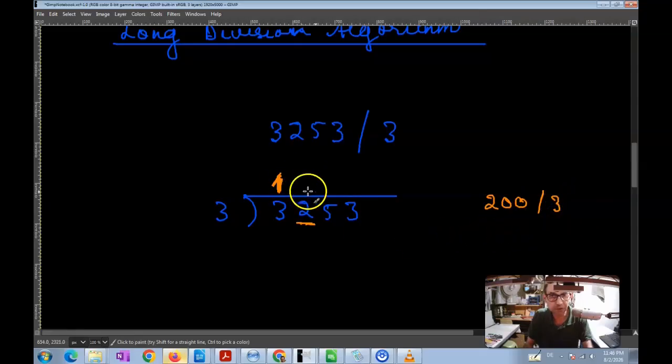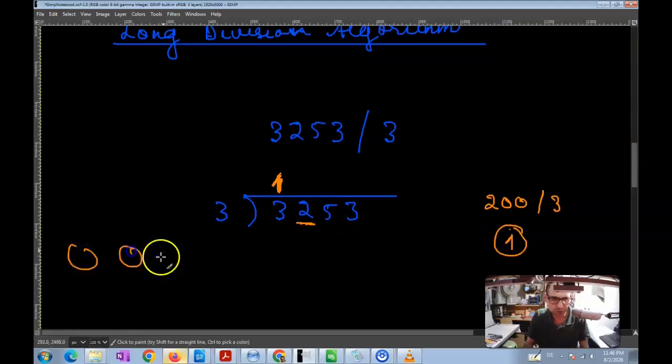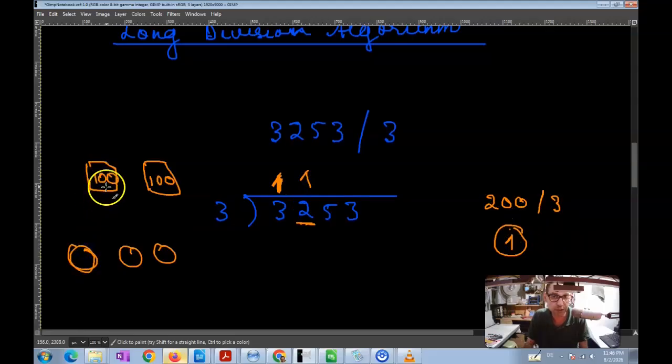And if I write even a 1 over here, that means each of the 3 groups that I have, and I have a group of 100 here, and I have another group of 100 here, if I write even a 1 over here, that means each of these groups gets one group of 100, meaning one group of 100 goes here, one group of 100 goes here, and then there is some imaginary group of 100 over here, from which I've given 100 over here.